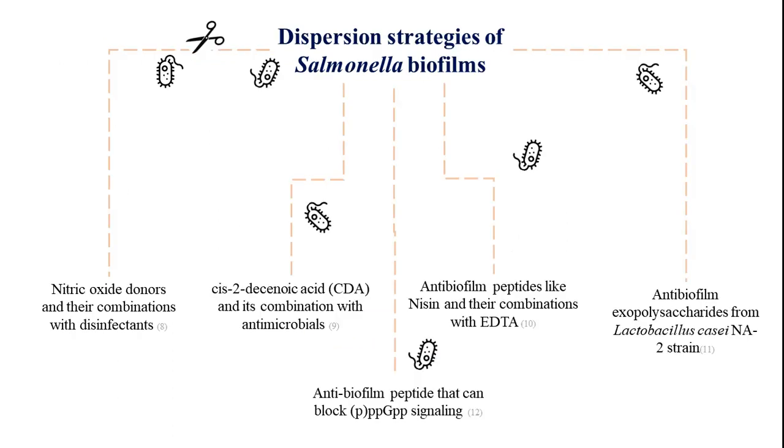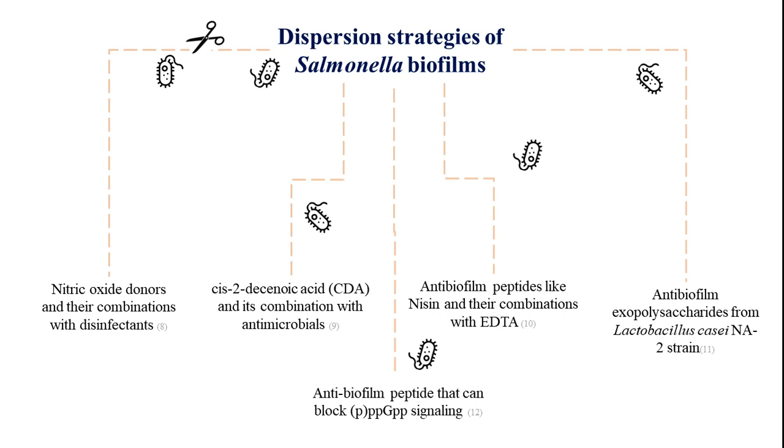In the current literature, dispersion strategies of Salmonella biofilms are as follows. Nitric oxide donors and their combination with disinfectants, and CDA and its combination with antimicrobials, are widely used to efficiently disperse Salmonella biofilms. An antibiofilm peptide that can block ppGpp signaling was identified to be an efficient strategy to induce Salmonella biofilm dispersal.